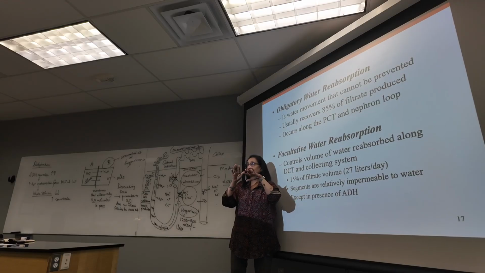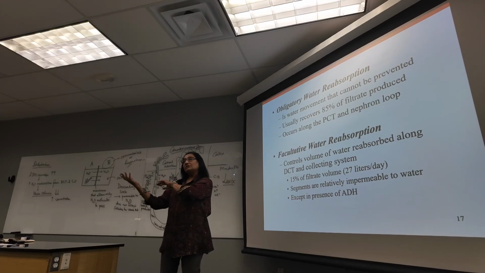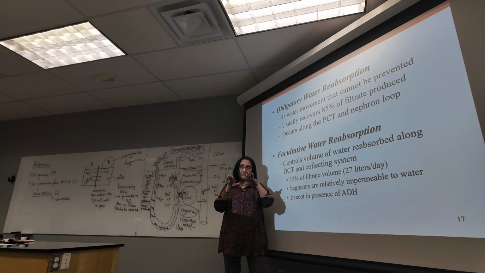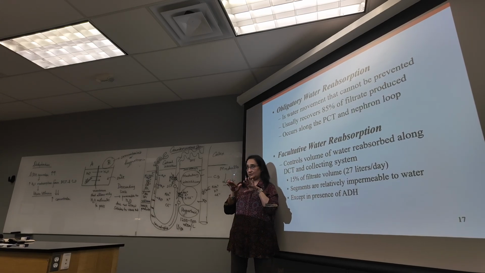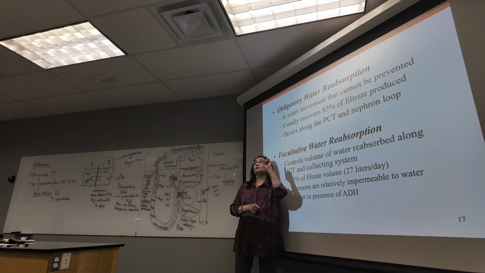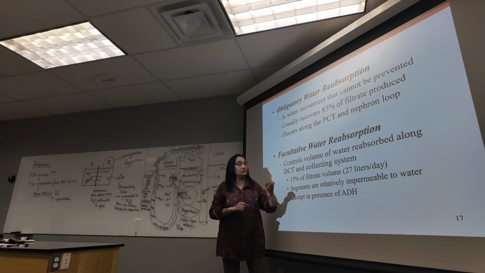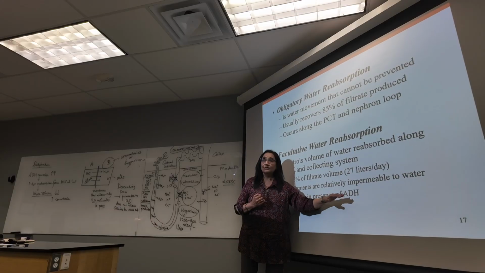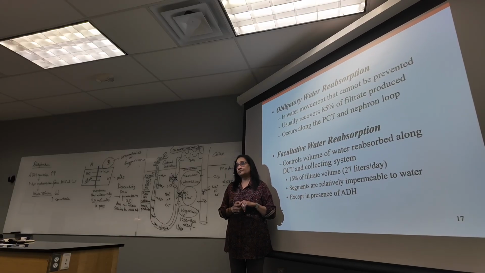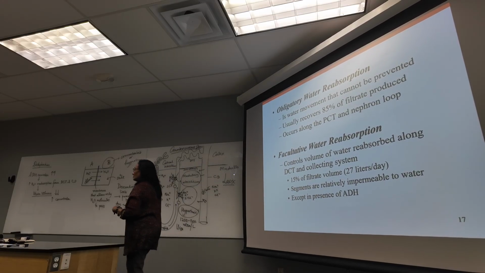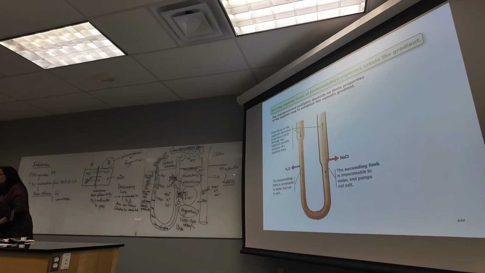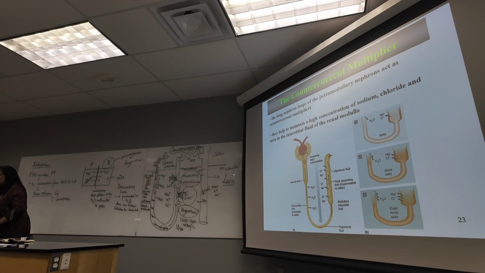Facultative means adjustable. Microbes can grow in the presence of oxygen or in the absence of oxygen. So this is the adjustable water reabsorption depending on the needs of the body, which is brought about by the hormone ADH. So try to go over this, because I know students always get confused with the action of ADH.